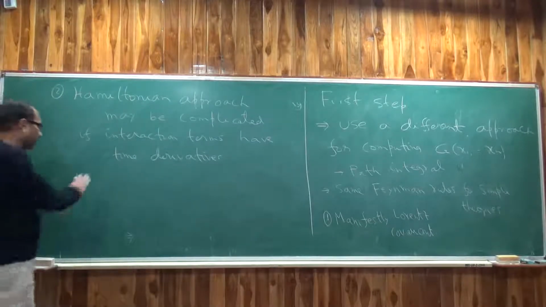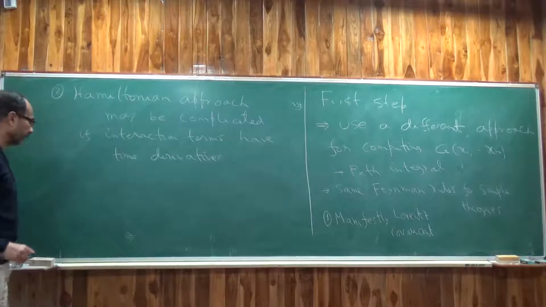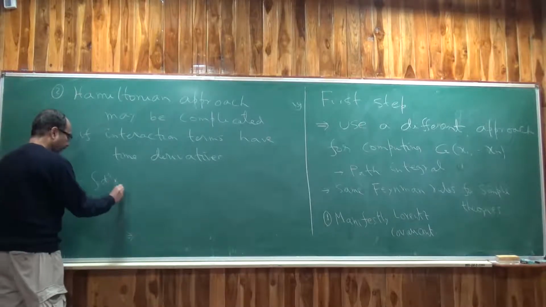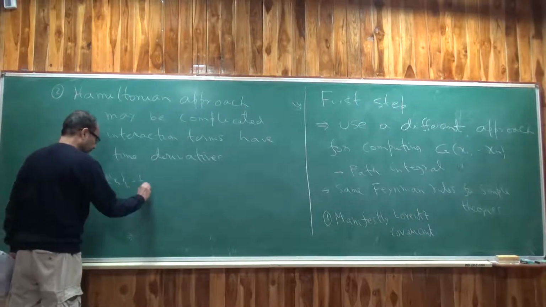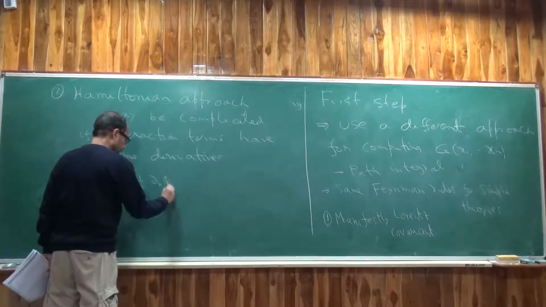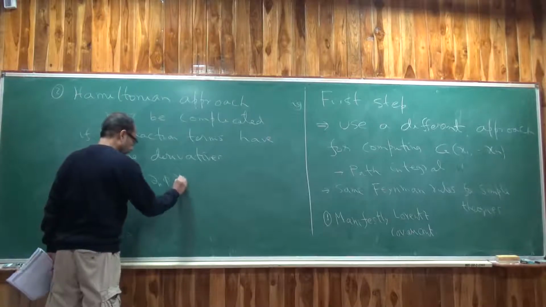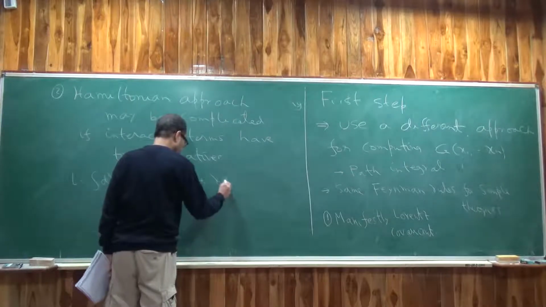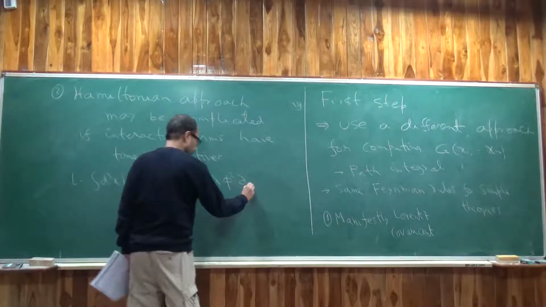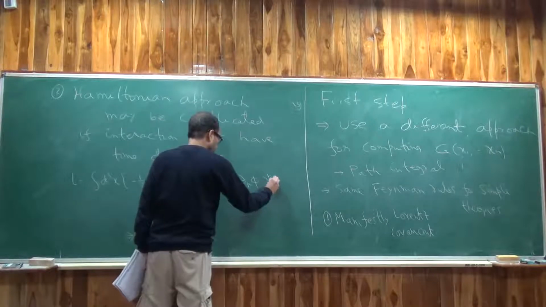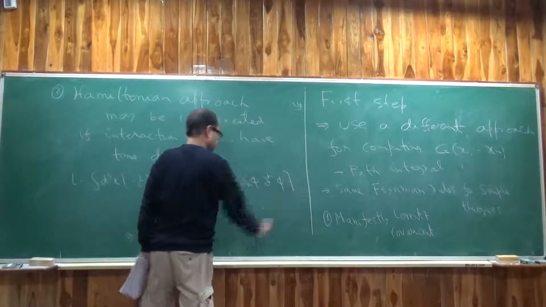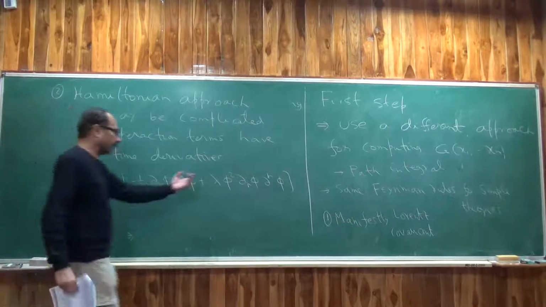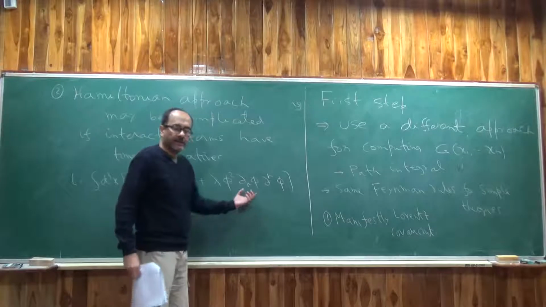So again I'll try to give an example. Let's suppose that you have a Lagrangian of the form, normally you write lambda phi to the 4, but this is as good an interaction term, right?